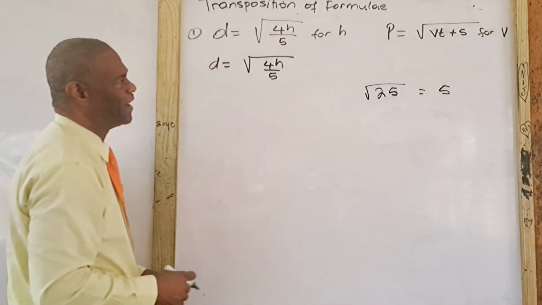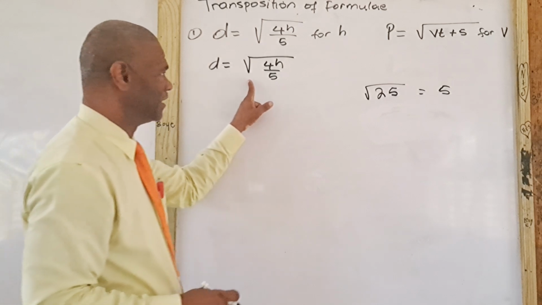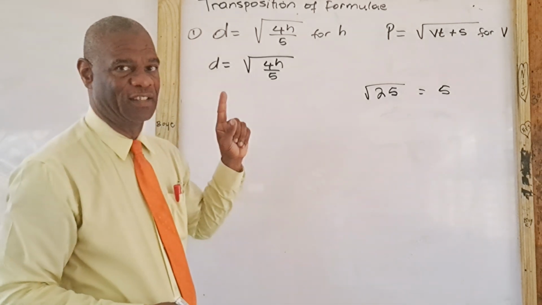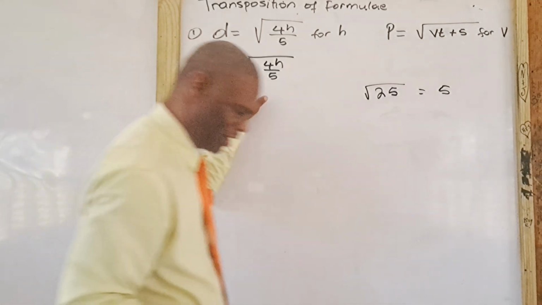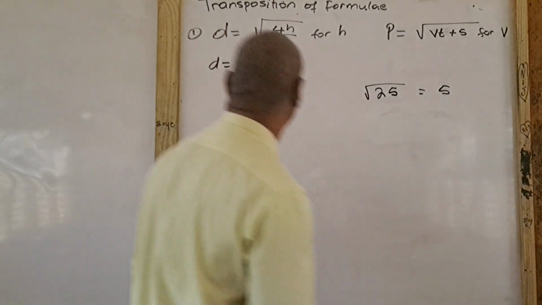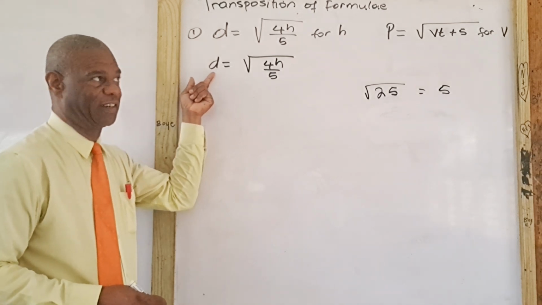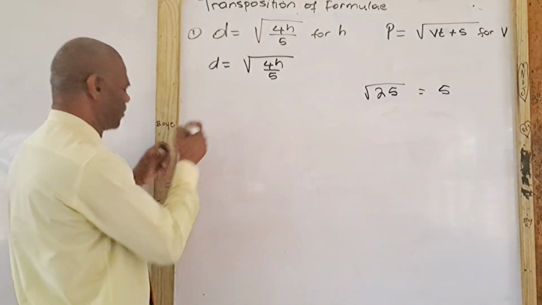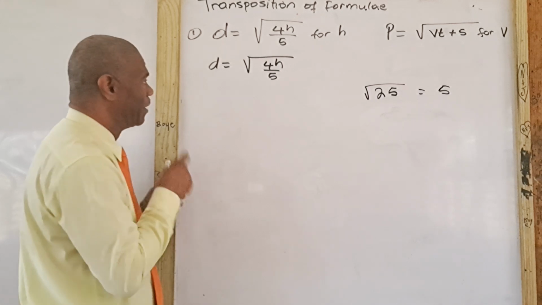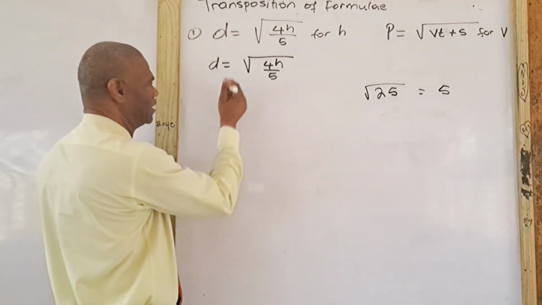So if I square this, then I get rid of the square root sign. And if I square this, then I must also square d. So we need to square both sides to get rid of the square root sign.